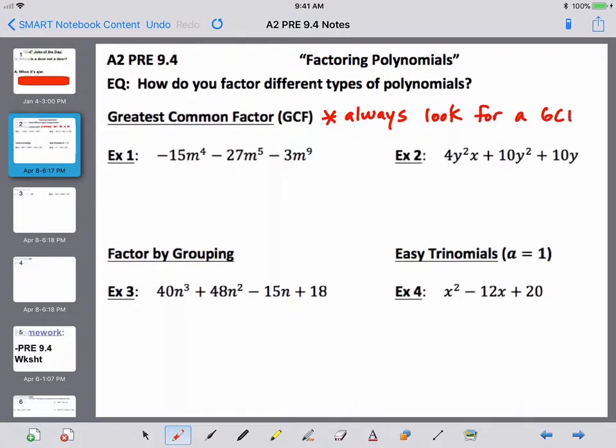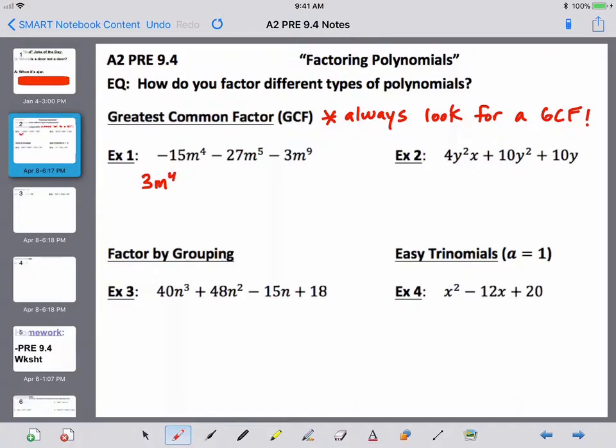All right, so in these first two examples, we're going to see what these have in common. So I notice negative 15, negative 27, and negative 3 are all divisible by 3. And I notice the lowest power here is m to the power of 4.